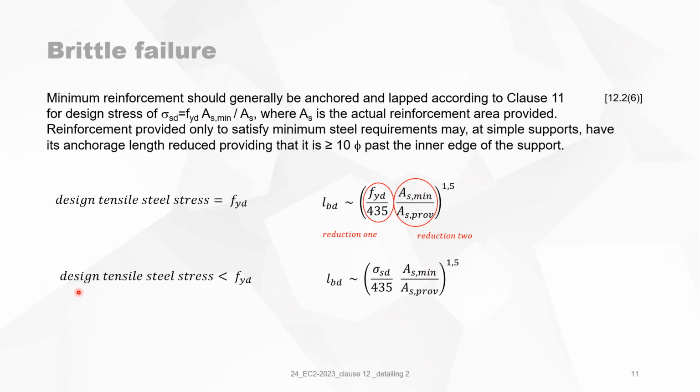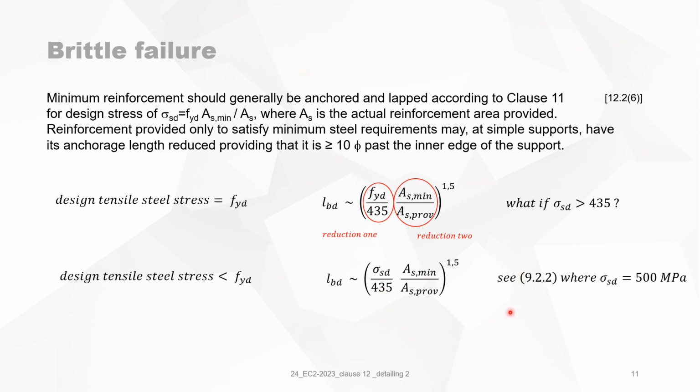In the second case, when the design tensile steel stress for your minimum reinforcement is smaller than fyd, then you use, of course, this formula. fyd is then replaced by σsd, which is the lower value. But now, what happens if σsd is bigger than 435?